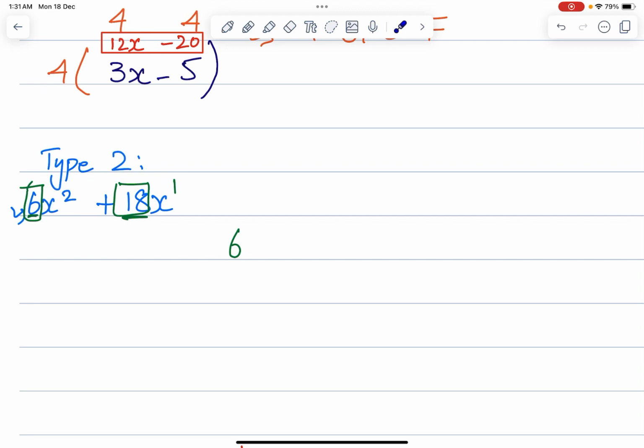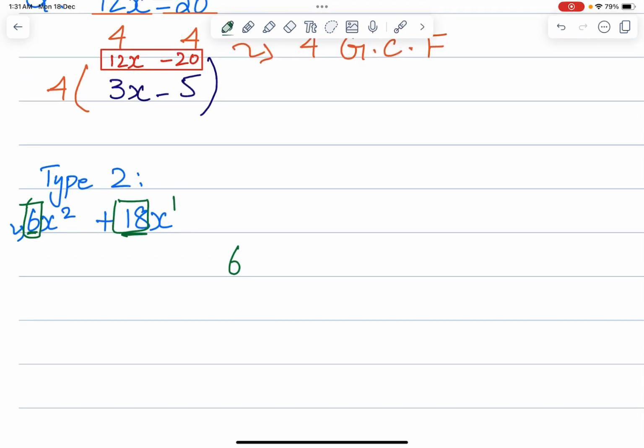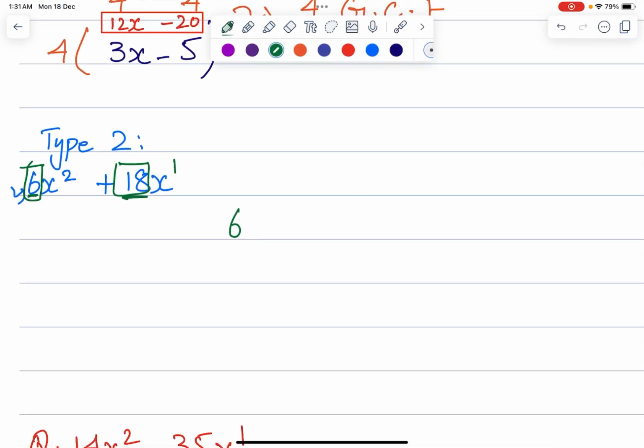It is x to the power 1. And you can figure it out by another method: you have x to the power 2 and x to the power 1, and don't you think that both of these terms have x to the power 1 in common? They have 1x common in them, right?